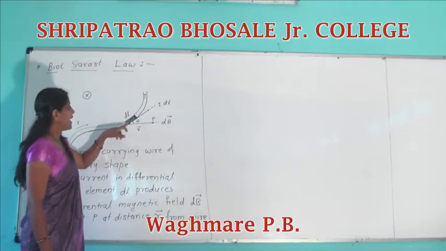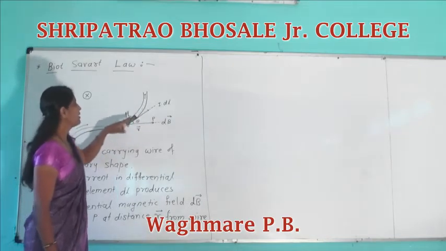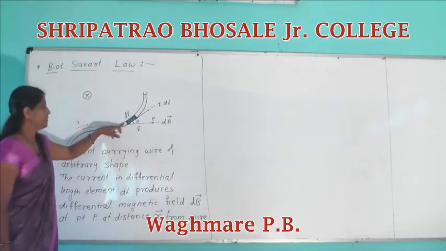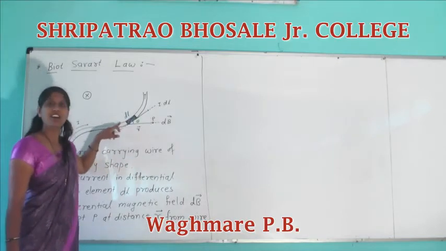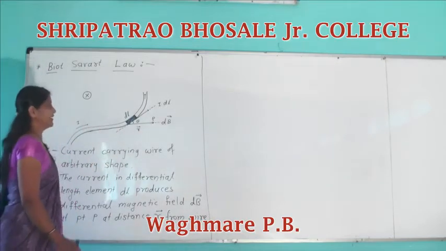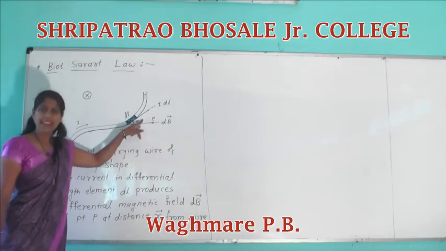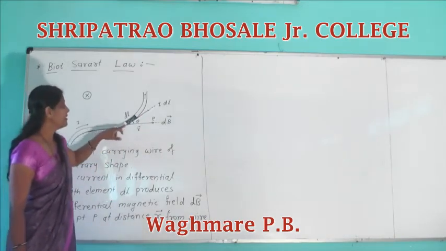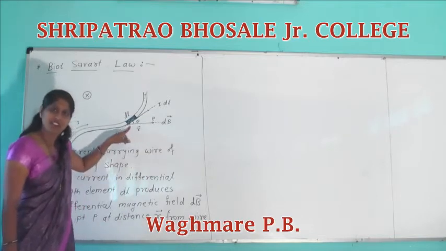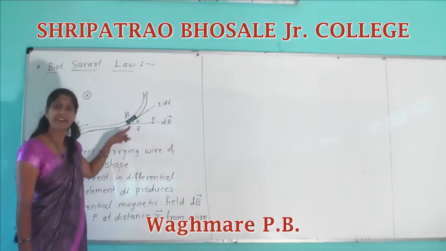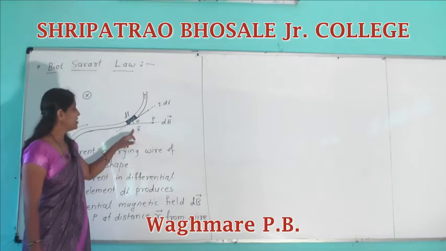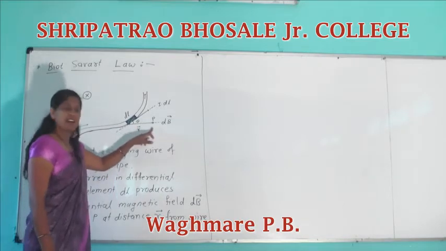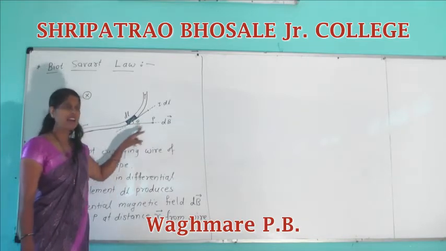This is the direction of the element vector. Therefore, we can say that theta is the angle between the direction of the element vector dl carrying current I and the vector r.